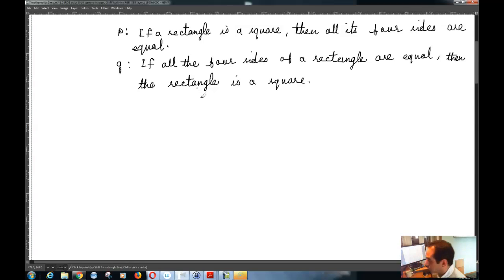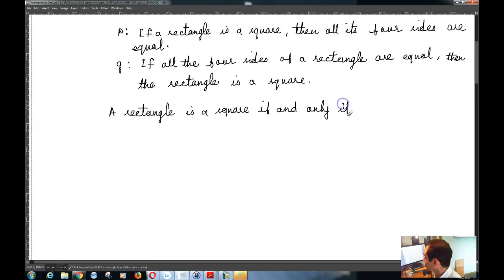So the way that you can put these together is that you can say that a rectangle is a square if and only if all of its 4 sides are equal.